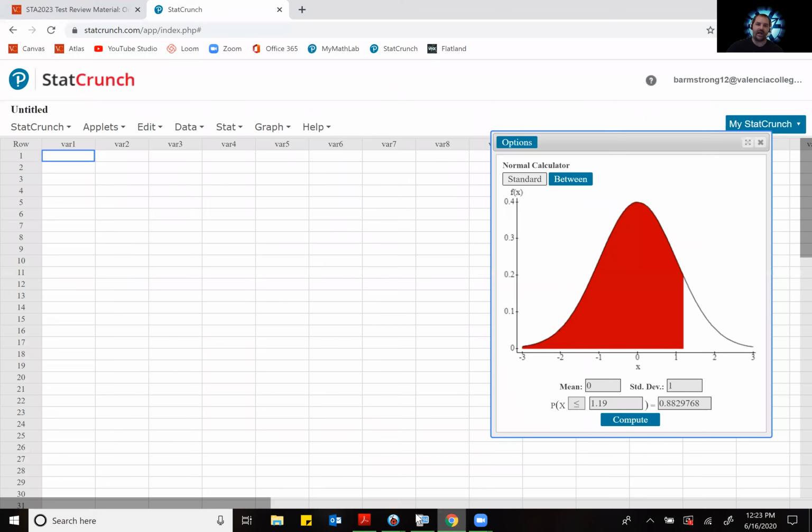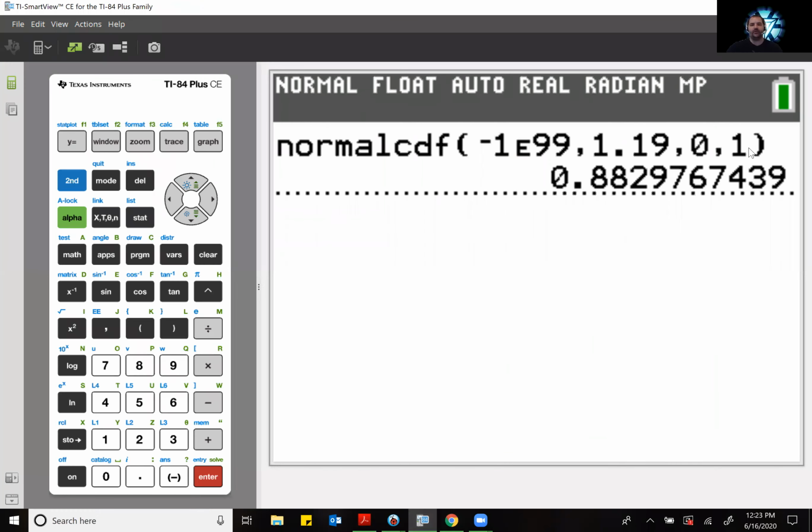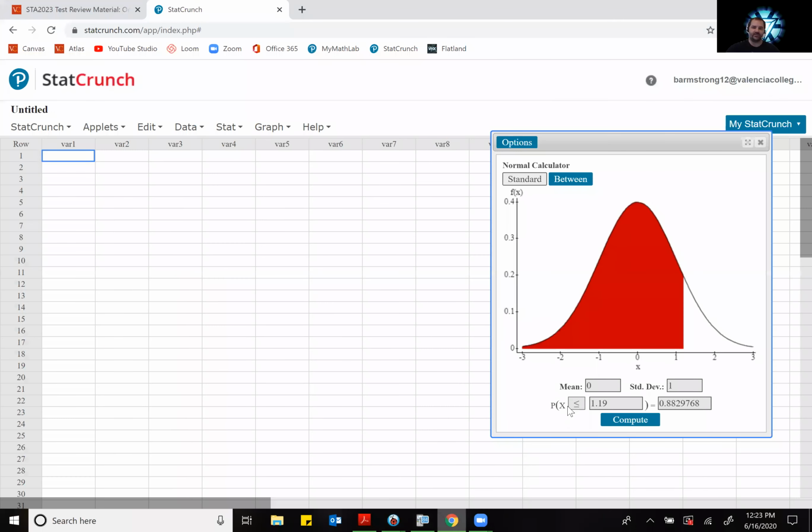With the calculator, I have to go back in and change the first two pieces. I have to put 1.19 here, and then make this a positive 1E99. With StatCrunch, all I have to do is change this one piece to greater than.